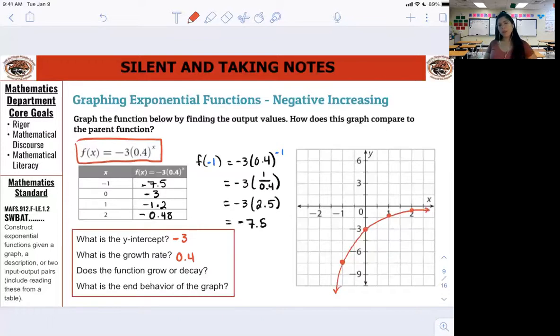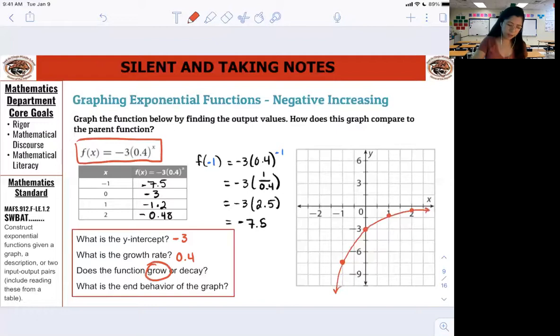So is this one growing or is it decaying? Growing. Yeah, it's actually growing because it is increasing. It is going up. It's just that since we were on the negative side of things, it's kind of weird. It's kind of backwards in your head.